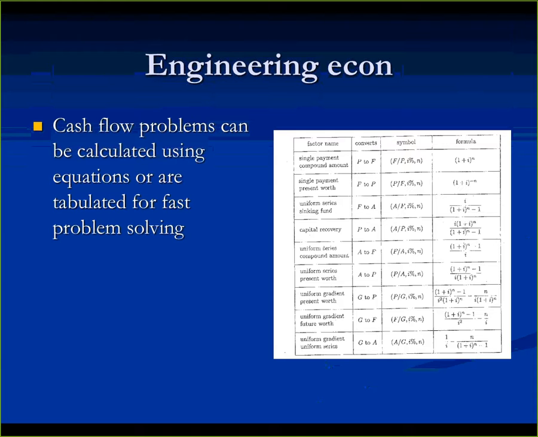So again, converting P to F, looking at that first row, the future value equals the present value times that single payment compound amount factor, 1 plus the interest rate, all to the nth power.